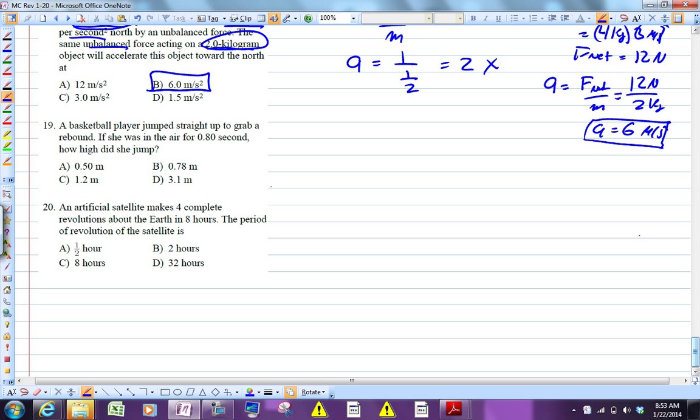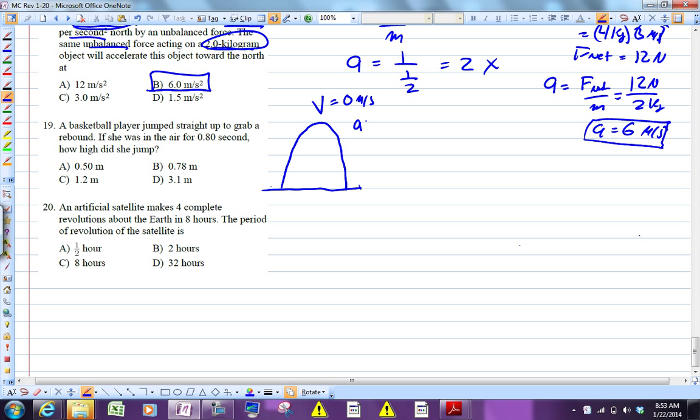19 is a question I like, comes up a lot. Again, you'll want to draw the big picture. So a basketball player jumps up in the air, grabs a rebound, and comes down. A picture really helps here. We know that the velocity at the top here is 0 meters per second.